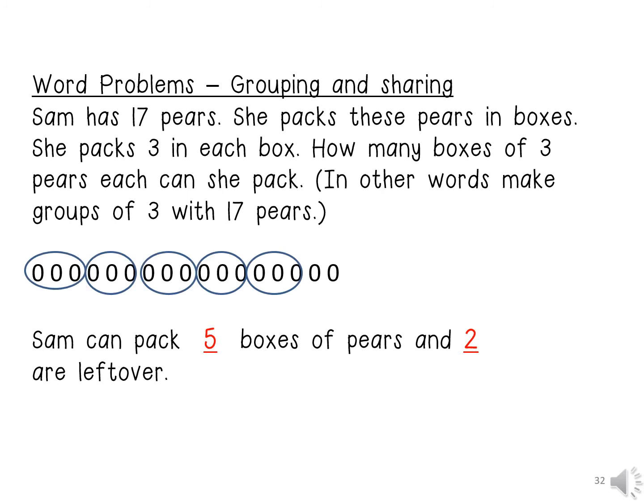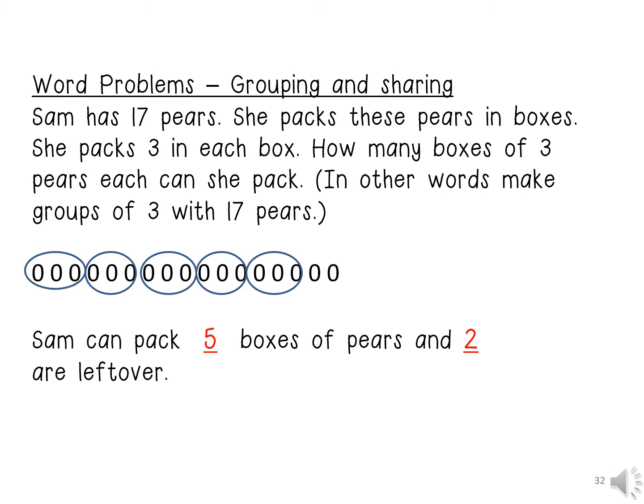So now, boys and girls, as you can see, I have done my workings. So we need to group them into threes to see how many packs we can make and how many are left over. So here you could see I grouped my pears in threes.